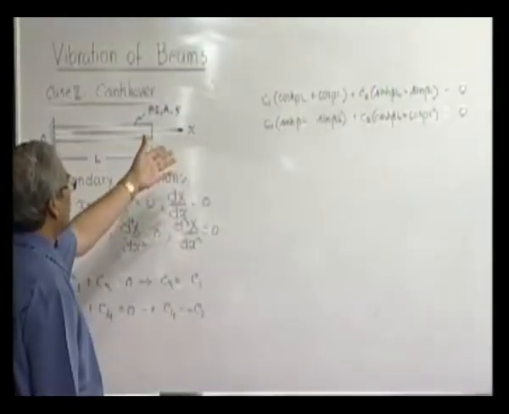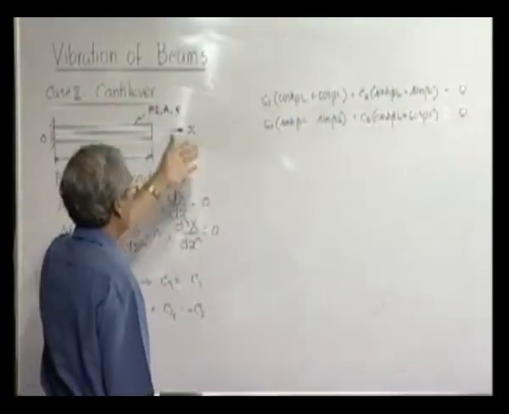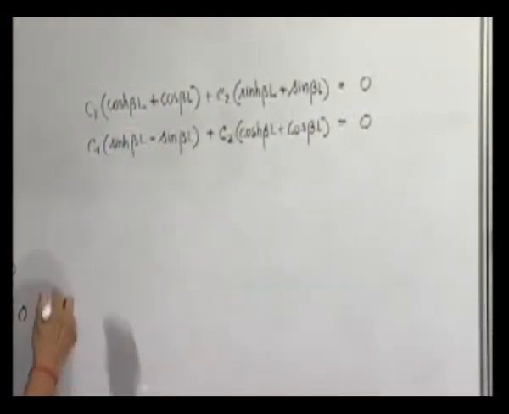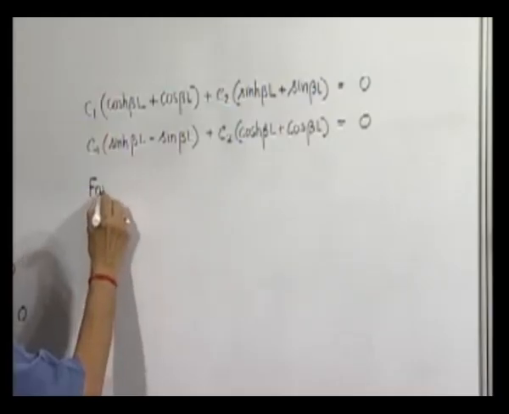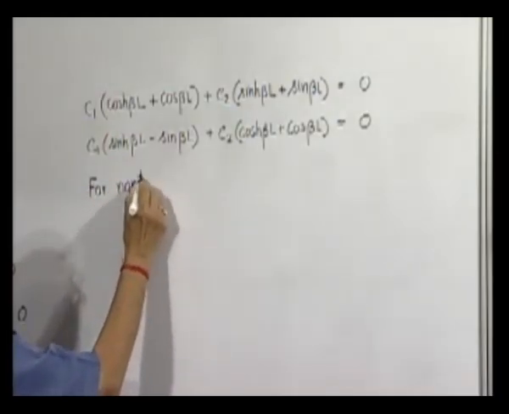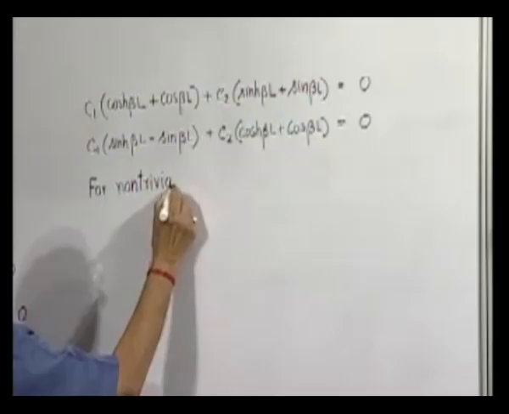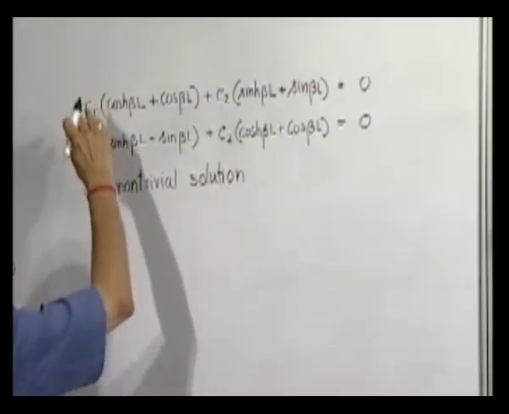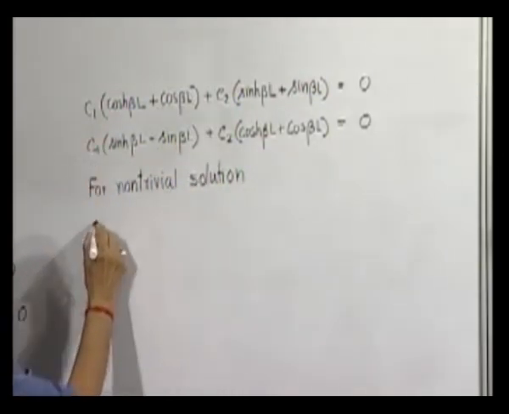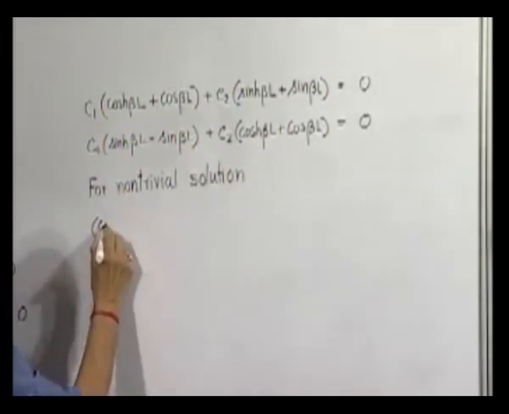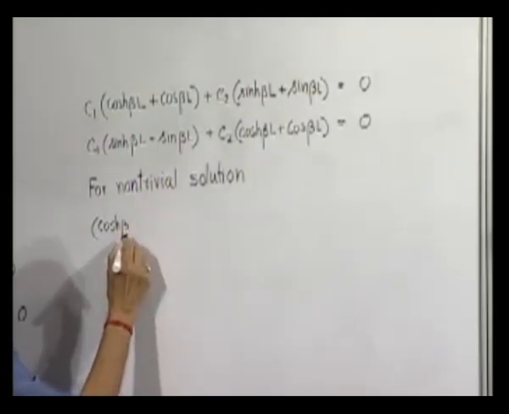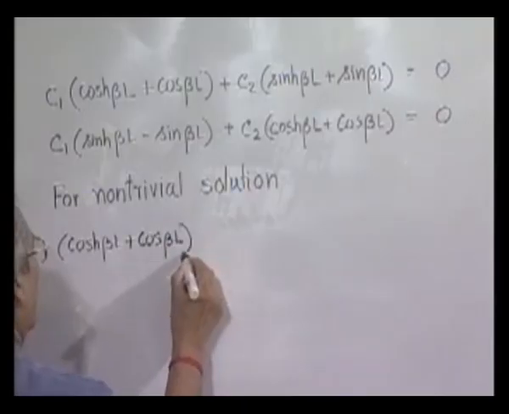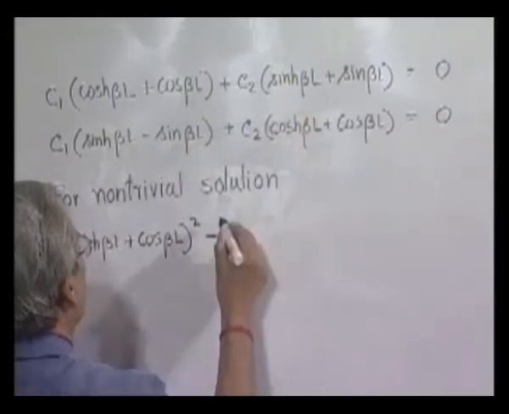Now, of course, we know that for a non-trivial solution for C1 and C2, the determinant of the coefficients must be 0. The determinant of the coefficients of C1 and C2 will be 0, which is this into this minus this into this.